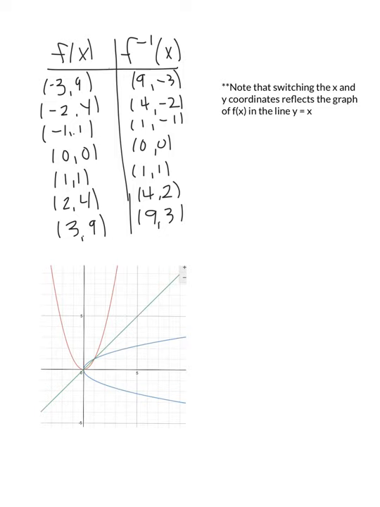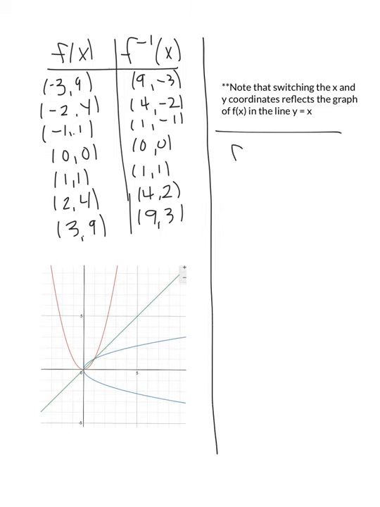Switching the x and y coordinates reflects the graph of f of x in the line y is equal to x. So the reason that I did this is because I did want to talk to you about the domain and range of this function and of the inverse function. If we're talking about our original function, f of x, and we're talking about our domain, we can clearly see that eventually that red graph would have a domain of x in the reals, and our range is, sorry, I don't know why I didn't do a squiggly bracket there.